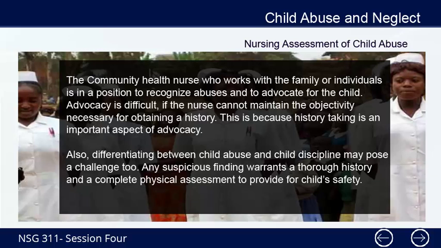This is because history taking is an important aspect of advocacy. Also, differentiating between child abuse and child discipline may pose a challenge too. Any suspicious finding warrants a thorough history and a complete physical assessment to provide for child safety.